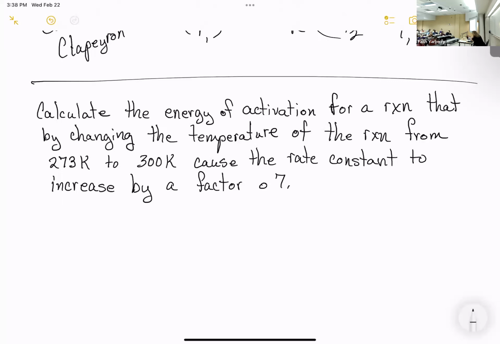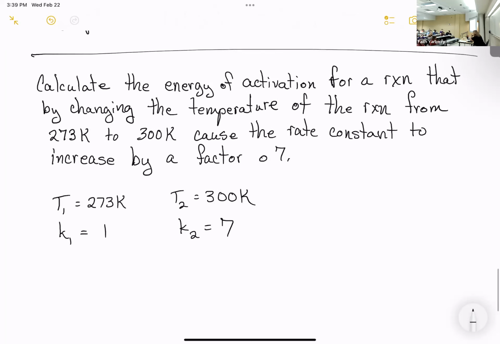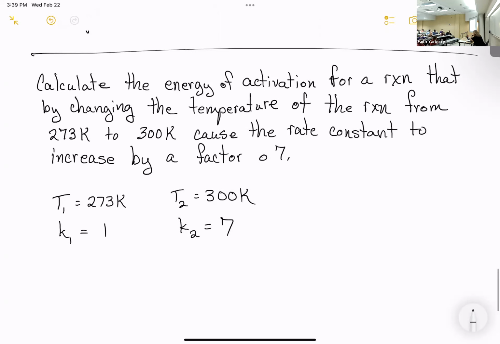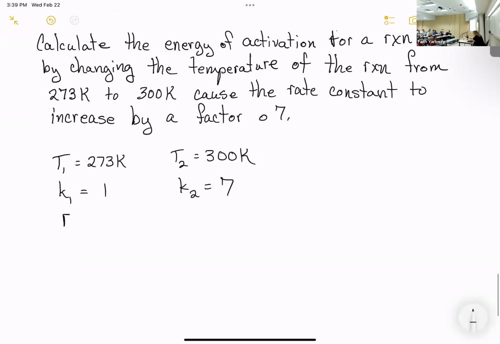Okay, so basically what we have here is we have a T1 of 273 Kelvin and a T2 of 300 Kelvin. And we know that it changed its rate constant by a factor of 7. Doesn't matter what I put in there, it's a factor of 7. And we were asked to determine the E sub A. And we know that R is 8.314 joules per mole Kelvin.